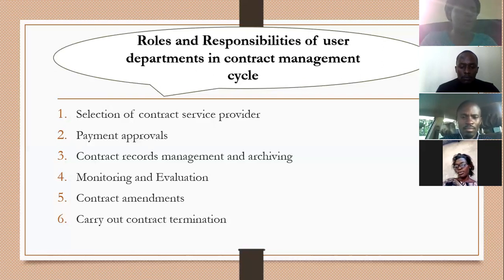I want to make reference to our second point, that is payment approvals. Like I said earlier, there is a give and take. When there is an offer, there is an acceptance. So upon acceptance of all the terms in the reference documents, payments will be made. But of course, payments vary. Some payments are done in US dollars, some in Uganda shillings. Some people may prefer checks, while others may prefer cash.